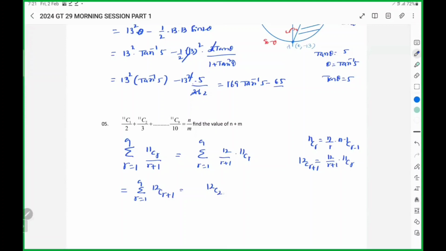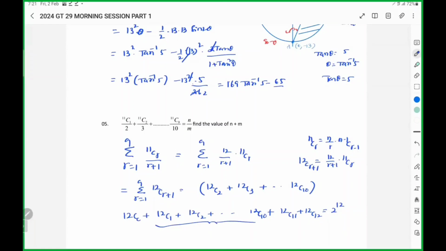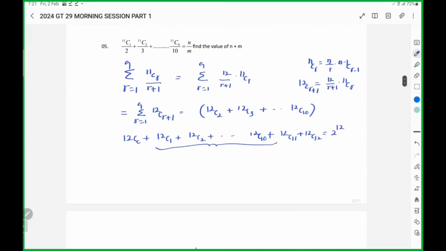So 12 C2, and so on up to 12 C10. We know that 12 C2 plus ... 12 C10 plus 12 C11 plus 12 C12 is what we have to find out.